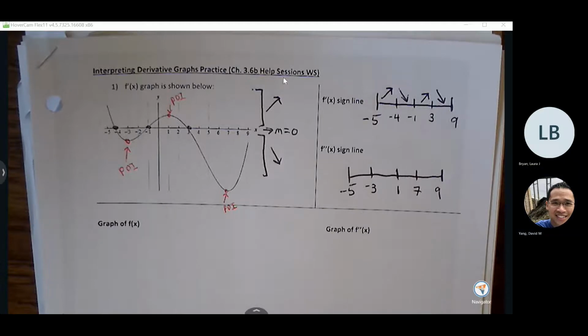So give me a second here. Where did I find it?